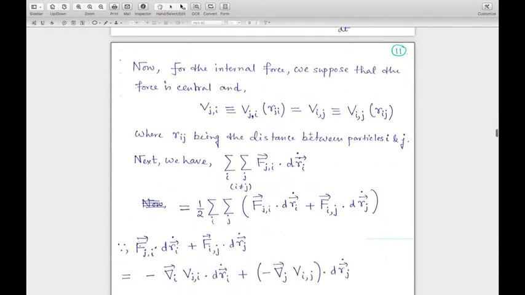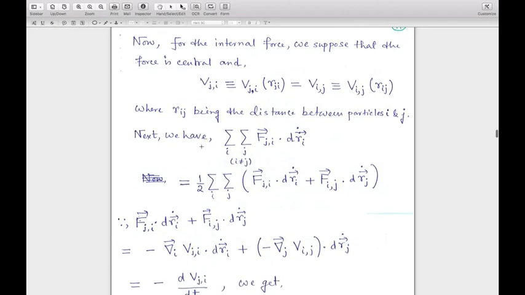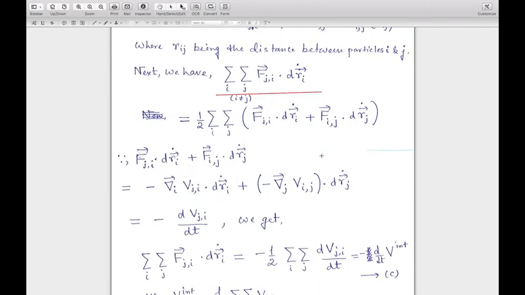As we all know, Rji and Rij are the same, so you can see that Vji is equal to Vij. Now next we have this term. Rather, we have to try to write this in terms of the corresponding potential energy.